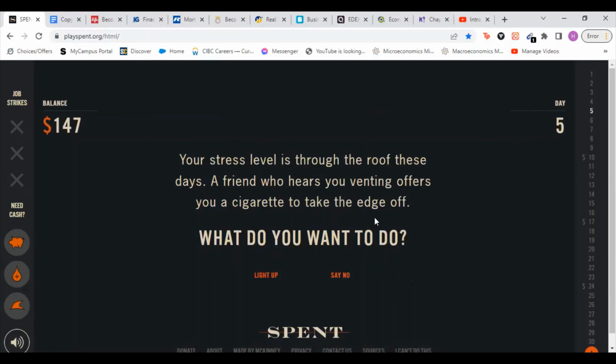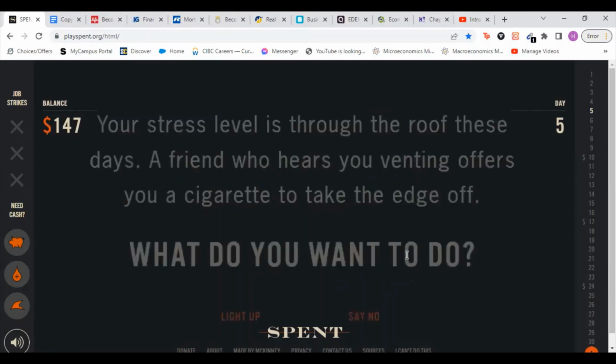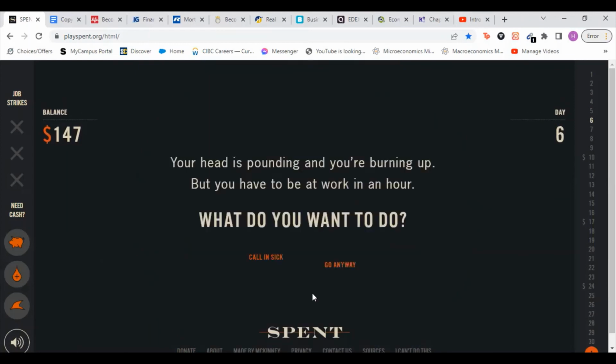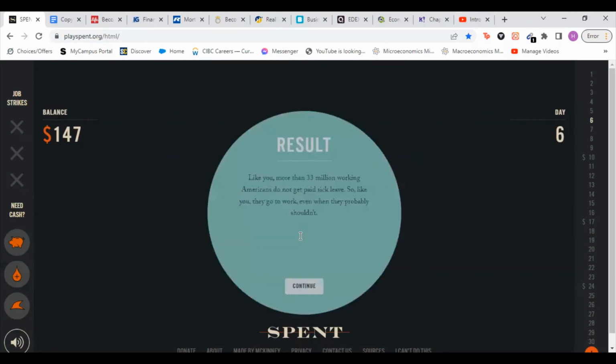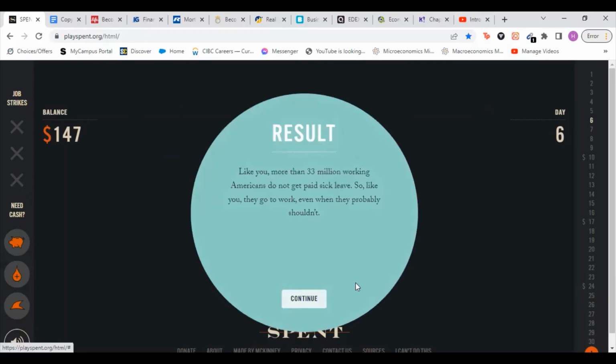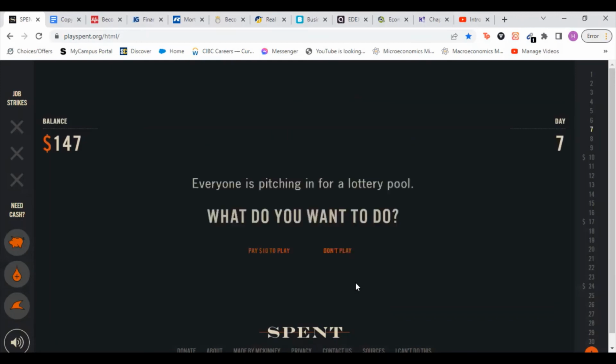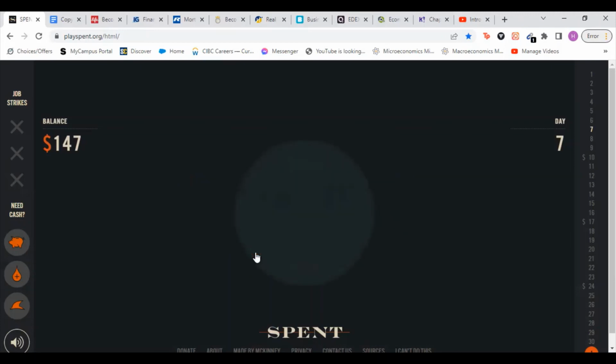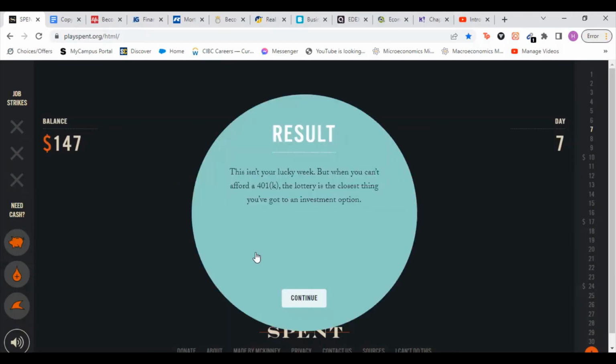A friend offers you something to help with venting, but I wouldn't light up. We'll say no. Your head is pounding and you're burning up, but you have to go to work in an hour. What do you do? I'd go anyway because I need the pay. Everyone is pitching in for a lottery pool. What do you want to do? Play. This isn't your lucky week.